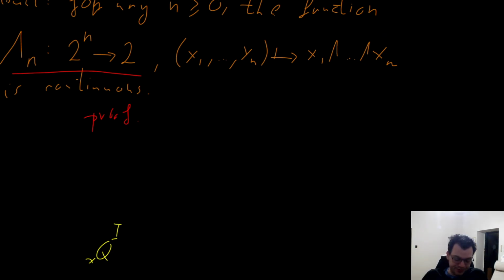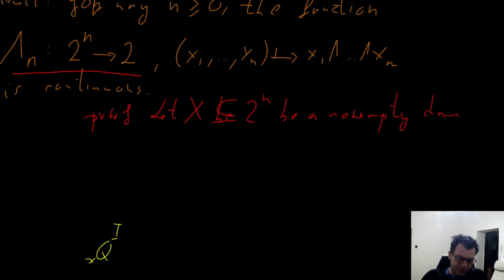So proof: let x be a subset of 2 to the n, so essentially vectors, be a non-empty chain with the supremum, say x star.